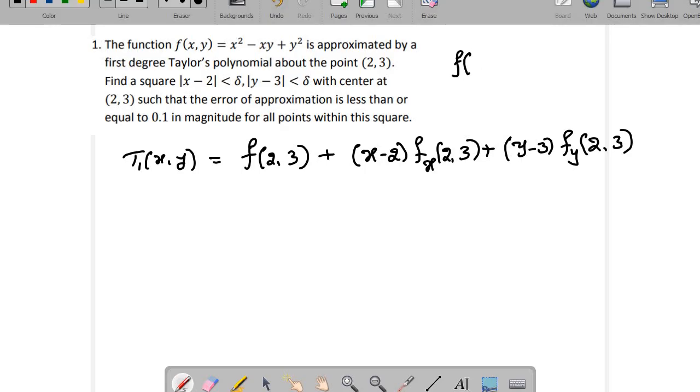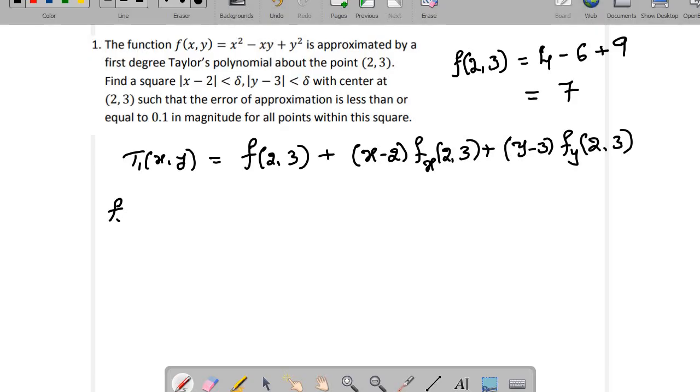So what is f at (2, 3) here? It would be 4 minus 6 plus 9, right? And that will give you 7.